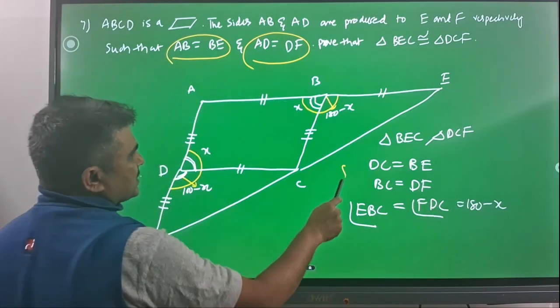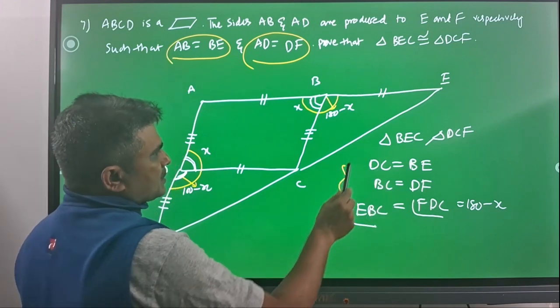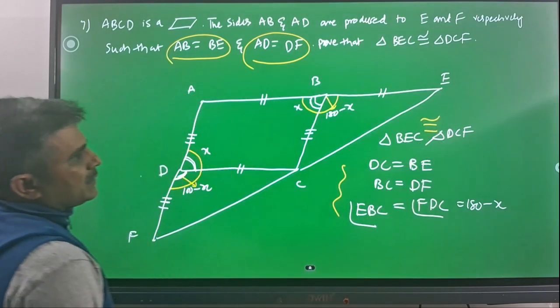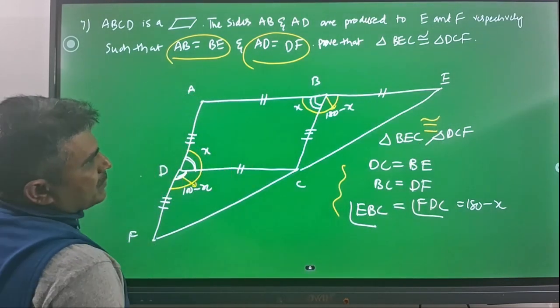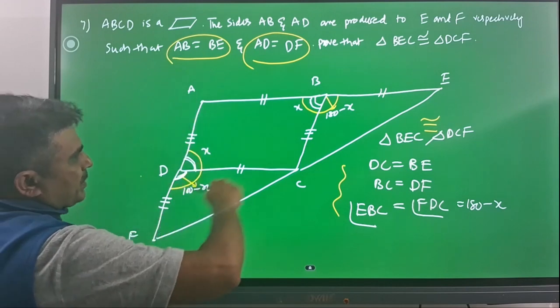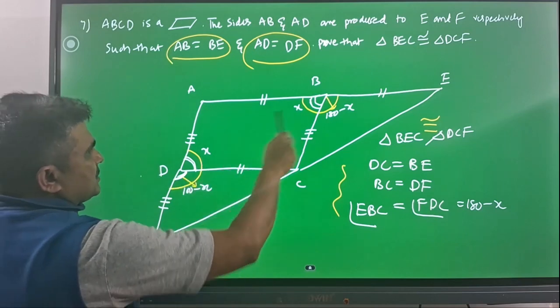So we got three equal relations from these two triangles. Then we can say triangle BEC is congruent to triangle DCF. Hence we proved that. The main thing is, you can even prove it using parallel lines and transversals, but I just used these two angles.